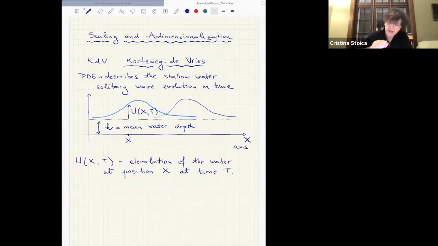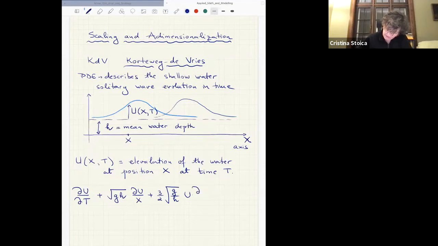So this shallow water wave, its evolution in time, is governed by the following PDE: du/dt plus root of gh du/dx plus 3/2 root of g over h, u times du/dx, plus h squared over 6 root of gh, the third derivative of u with respect to x, equals 0.